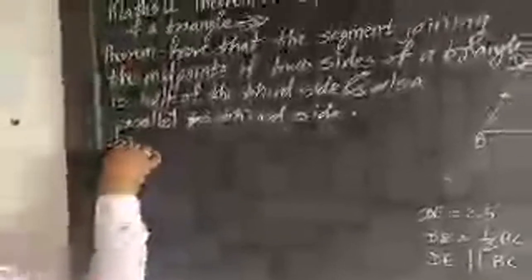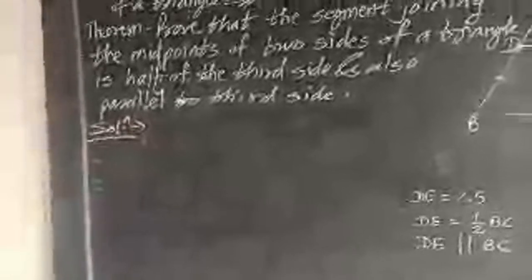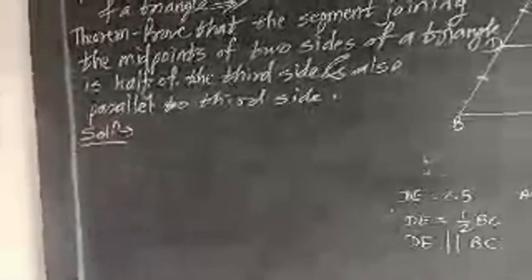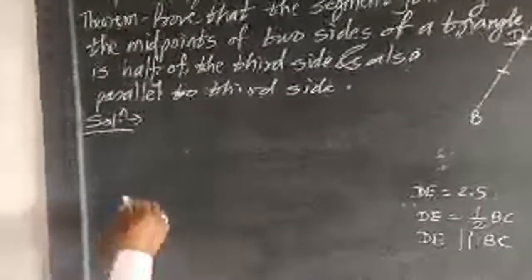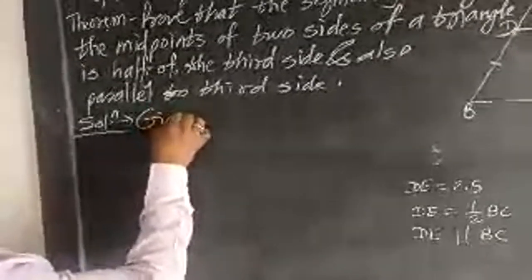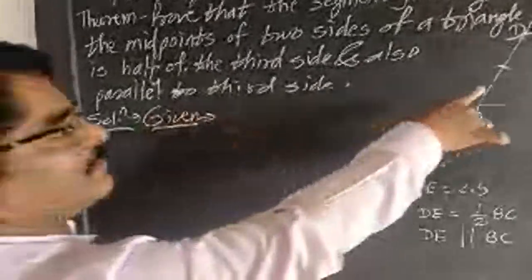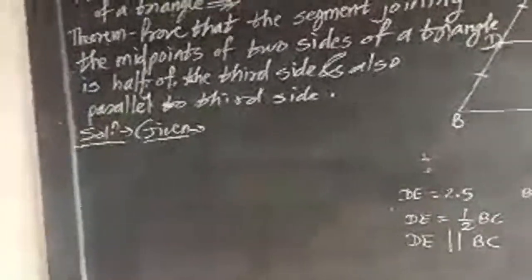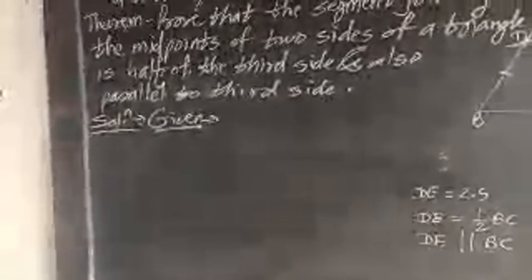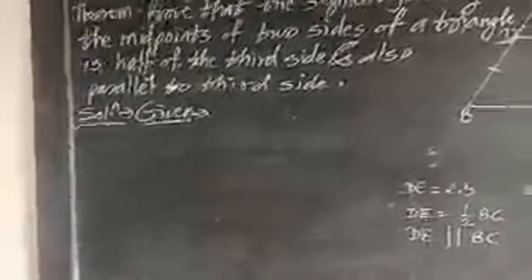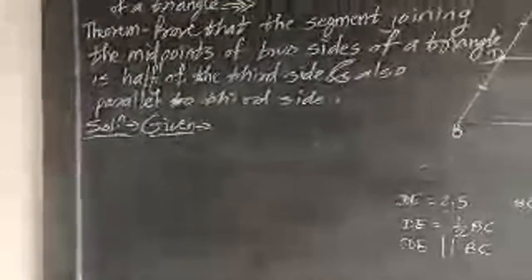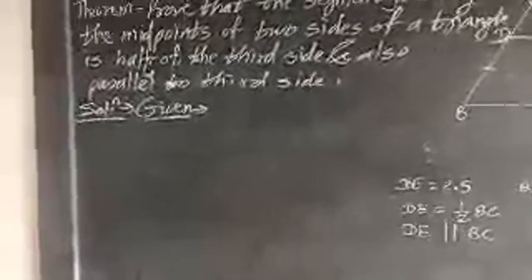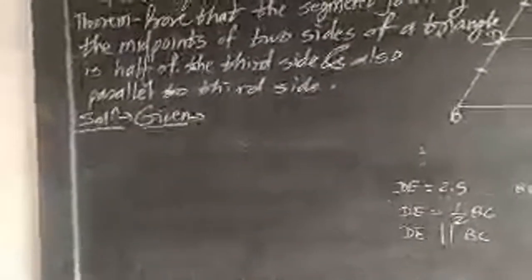Then this theorem is proved in how many parts? Four parts. First part is given. In given we draw the figure, and which sentence do we consider here? The sentence after if and before then.